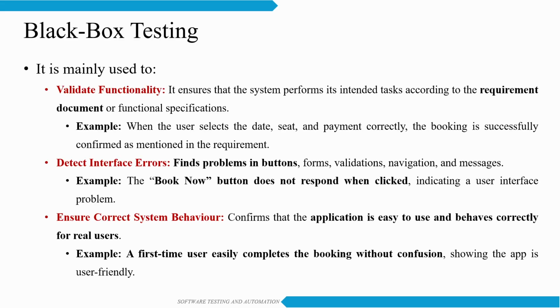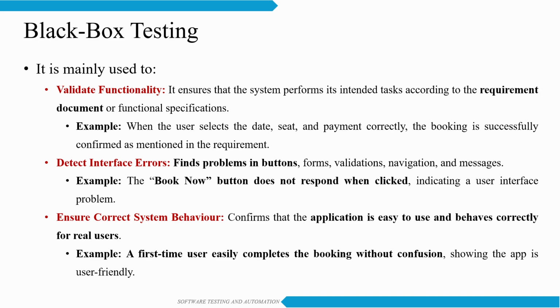Black box testing is used to validate the functionality according to the requirement document or functional specifications. For example, if the user selects date, seat and payment correctly, the booking is successful, as mentioned in the requirement. And it detects interface errors: finding problems in the UI like buttons, form validations, navigations, messages.